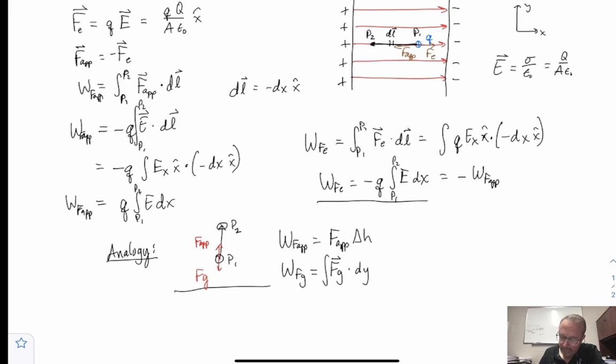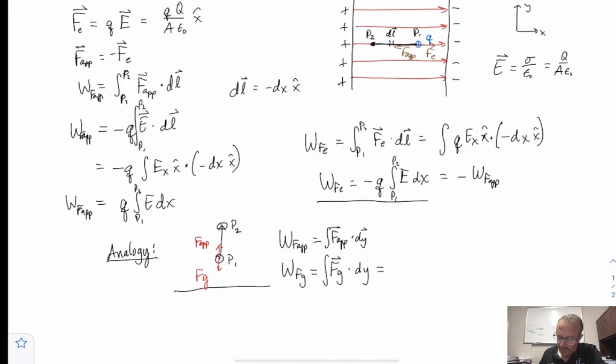Let's call it dy. And just to be really proper, I'll go ahead and write the applied force in terms of the integral too: the integral of the applied force dotted into dy. We won't take that out yet. We'll just leave it like that for now.